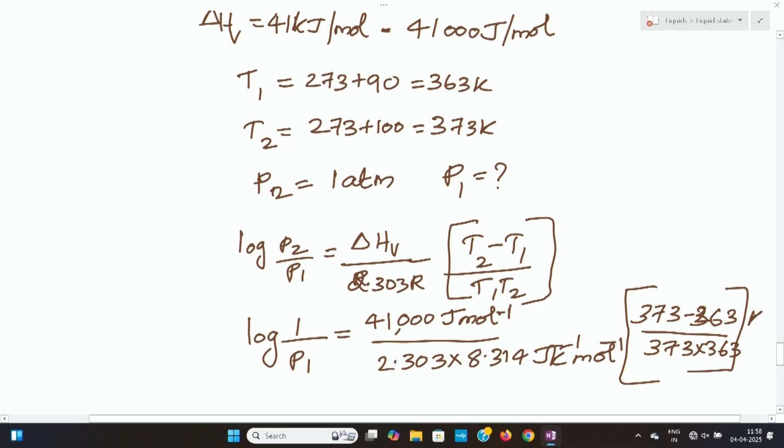Here we have 1 Kelvin, here we have 1 Kelvin. Therefore, this and this will get cancelled. This Kelvin and this Kelvin also will get cancelled. Then this mole and this mole also will get cancelled, and joule and this joule also will get cancelled.